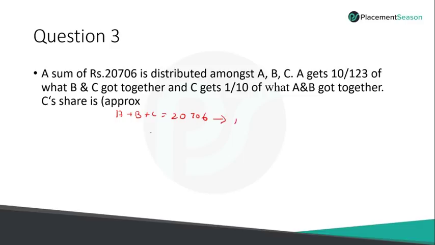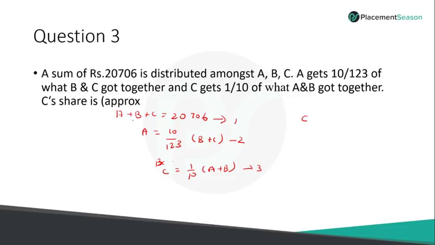Take it as equation number 1. The second point, A gets 10 by 23 of what B and C got together. This is equation number 2. The third one, C equals 1/10 of what A and B got together. This is equation number 3. You can keep it. Now we need the answer for C.